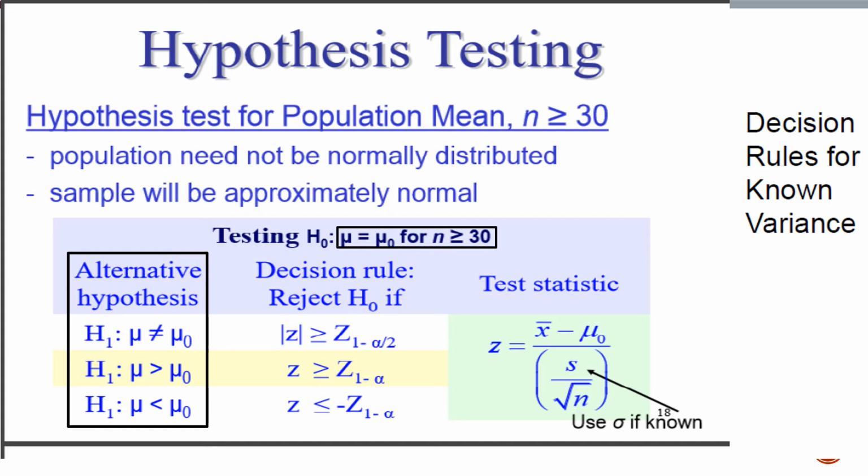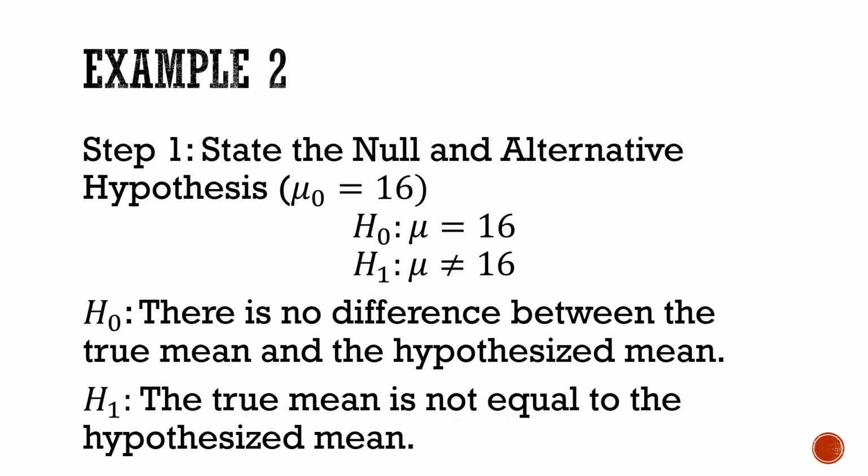So the null hypothesis is always mu equal to the hypothesized mean, in this case 16, and the alternative hypothesis is mu not equal to 16.